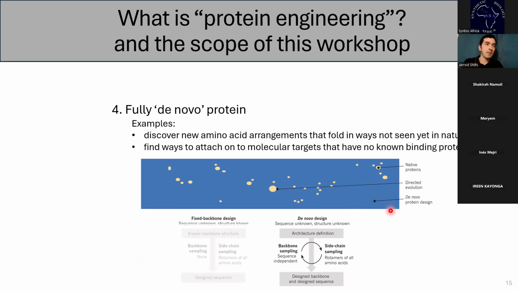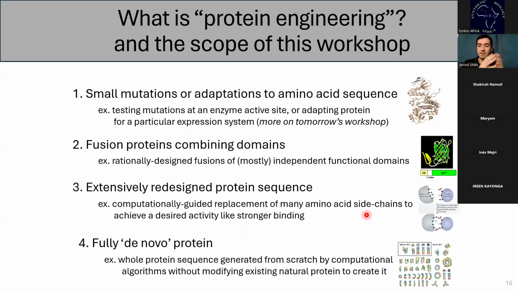And so there's a lot of untapped potential, which is this vast blue sea here, that are proteins totally unlike anything that exists on Earth at the moment, but that you could imagine designing and then having function. And so there's this broad scope across all these different areas that fit under protein engineering.